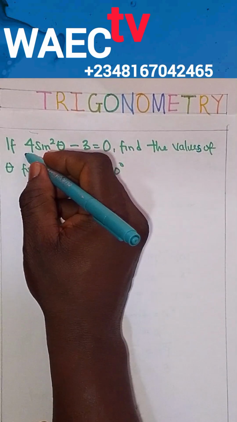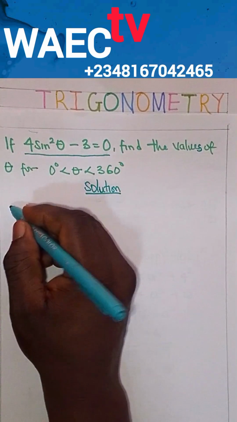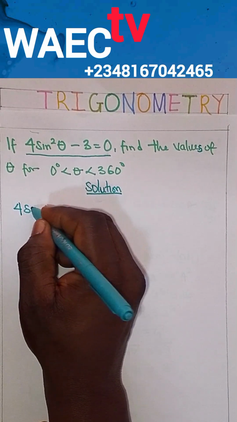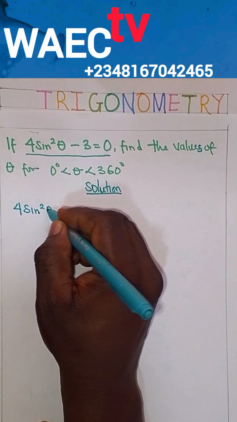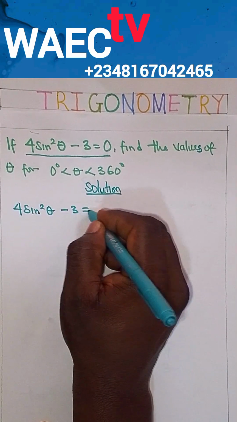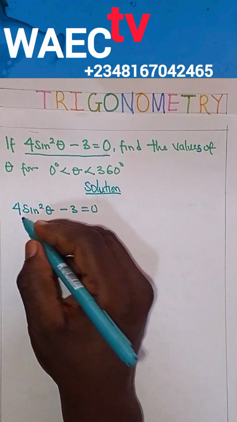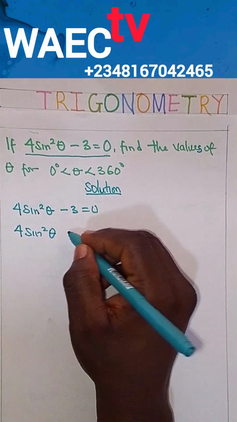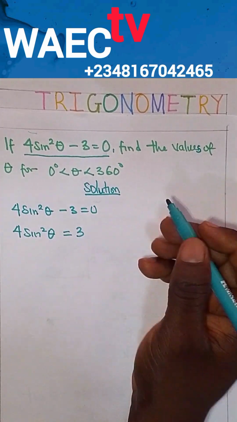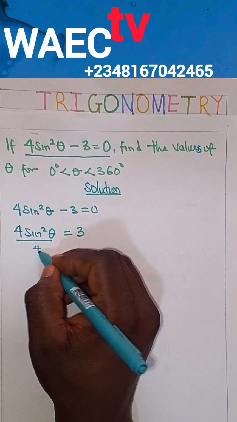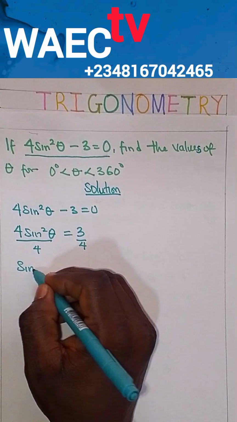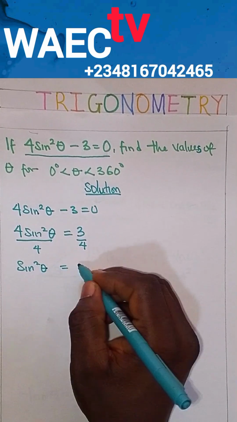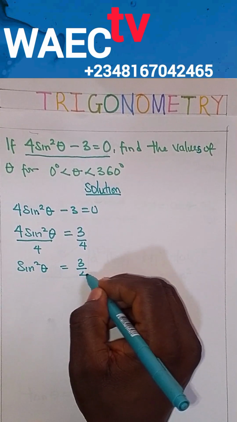We'll pick out the trig equation, which is 4 sine squared theta minus 3 equals 0. Simplifying this will give us 4 sine squared theta equals 3. If we divide both sides by 4, we have sine squared theta equals 3 over 4.